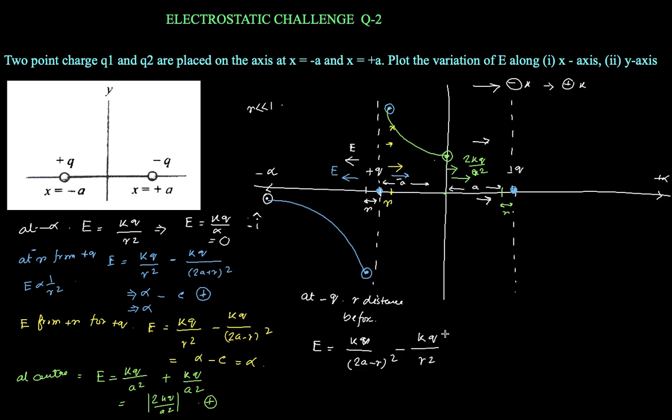As r is almost 0, this becomes infinite. So something minus minus infinite is nothing but infinite. And as the direction of electric field for this charge is in this direction, and for this charge it is in this direction, both are in the positive direction, so the direction of the field is positive.